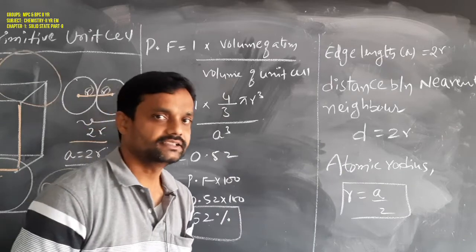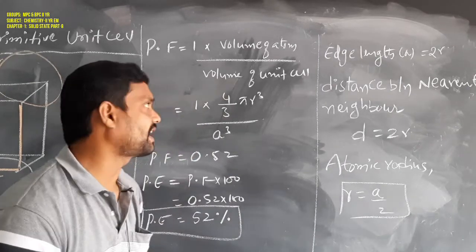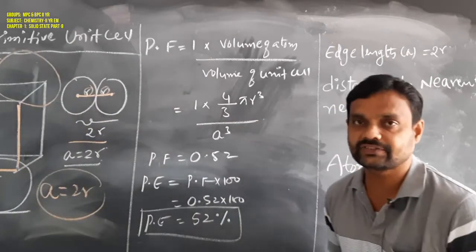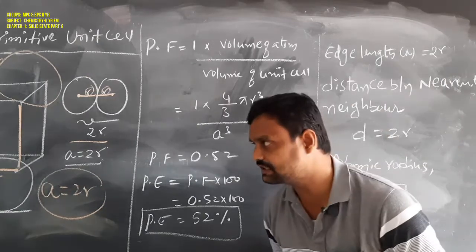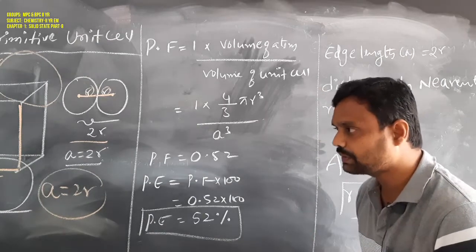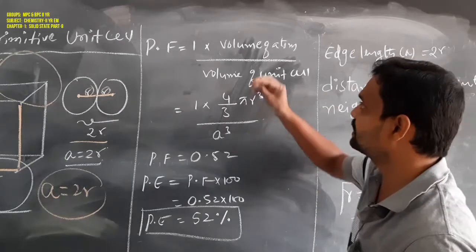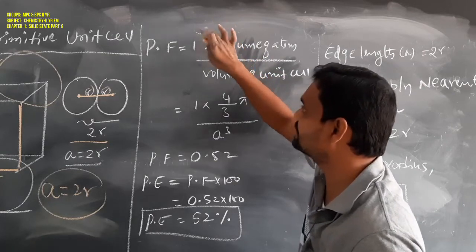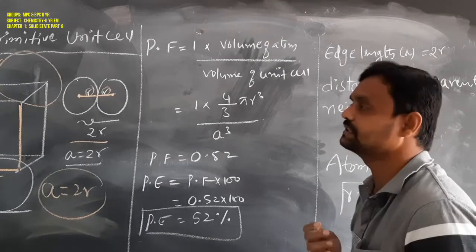Okay, students. Then for the simple or primitive unit cell, we should find out the packing fraction. The formula for the packing fraction is the volume occupied by all the spheres in the unit cell divided by the volume of the unit cell.